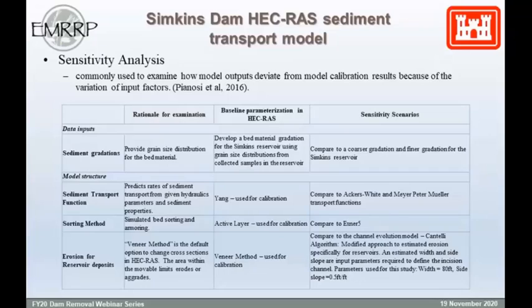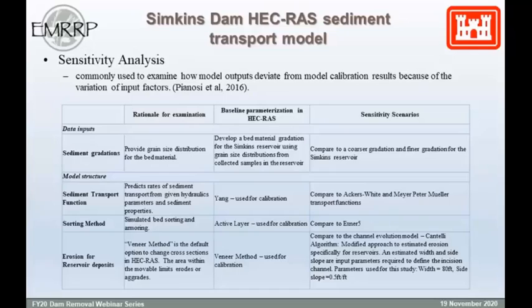And I also got that same gradation, and I got a slightly coarser gradation, about 20% coarser. And then I ran the model, just changing that. The rest of the parameters and everything will be the same as the calibration. And with that exercise, I could see how that would change my results, just by changing gradation.